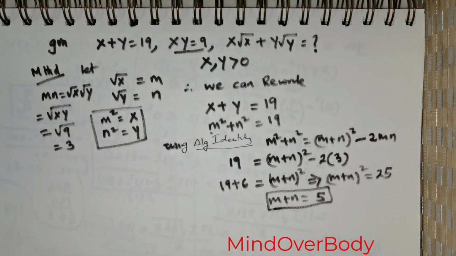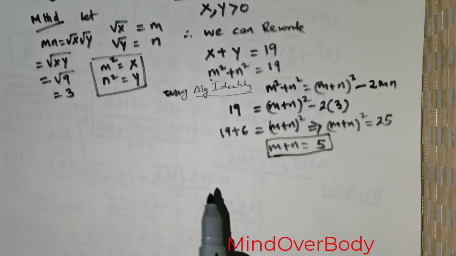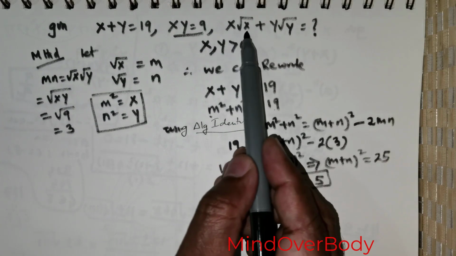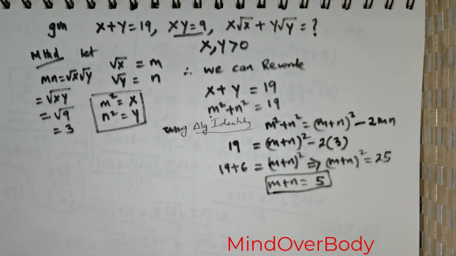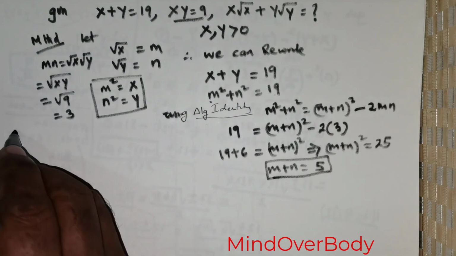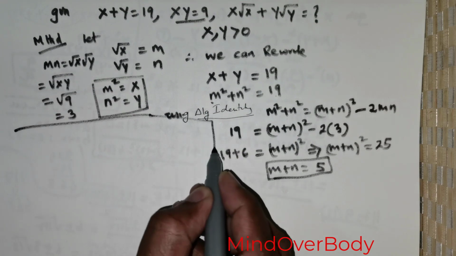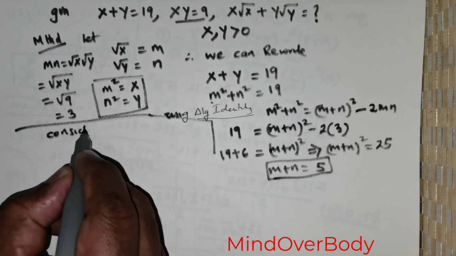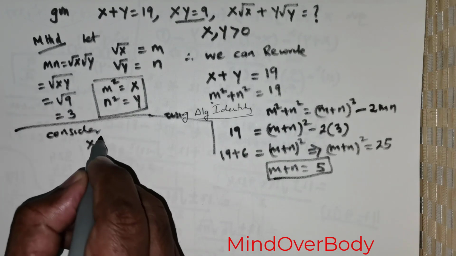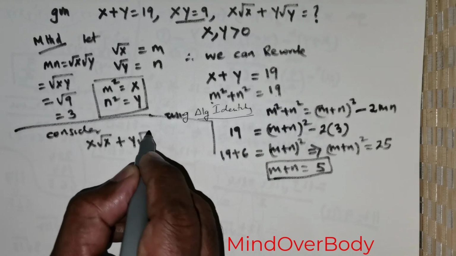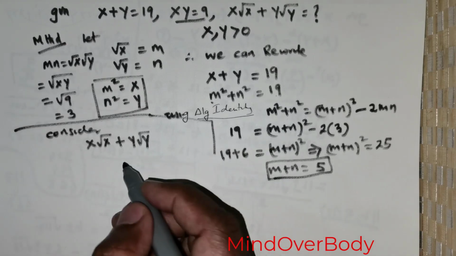Now moving on, we are expected to find, let me show you the question. We are expected to find x times root of x plus y times root of y is equal to what? That's our objective. Now let me use this part of the notebook. Now consider x times root of x plus y times root of y. Now what is this exactly?